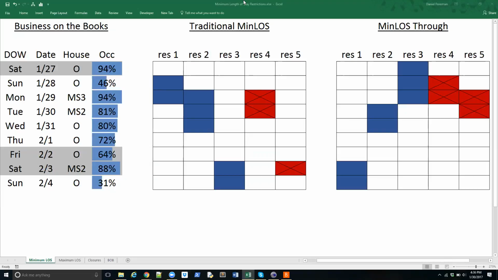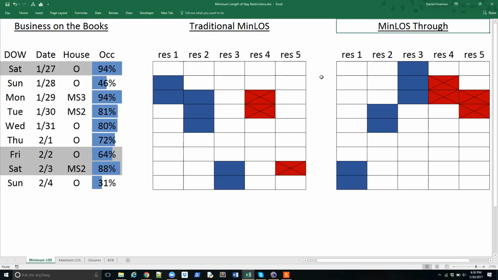So for all of these different length of stay restrictions and house policies, start thinking of them in two different ways. So there's two different types. There's a traditional length of stay restriction, or a traditional restriction, and then there's the through. So you'll see here there's a traditional min length of stay and a min length of stay through.